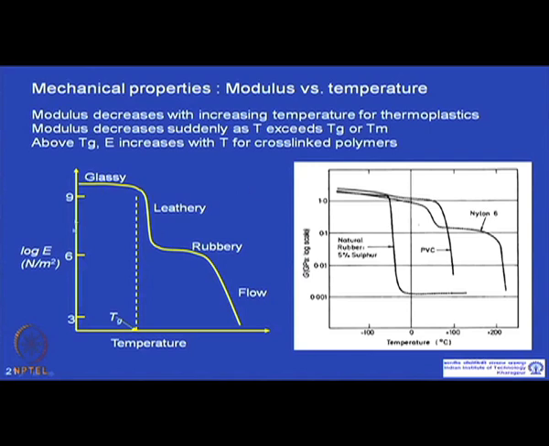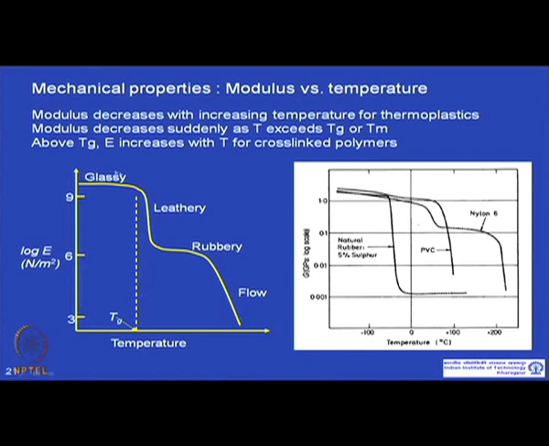So, this is a plot of log elastic modulus with temperature, which shows different regions of polymer elasticity.